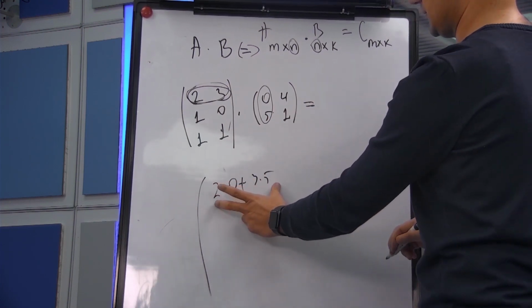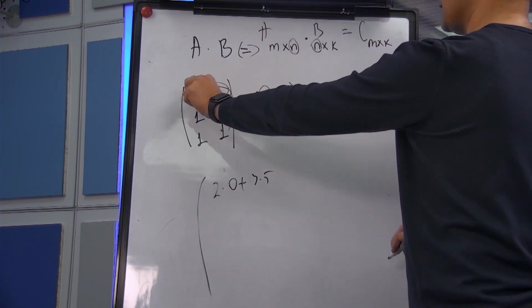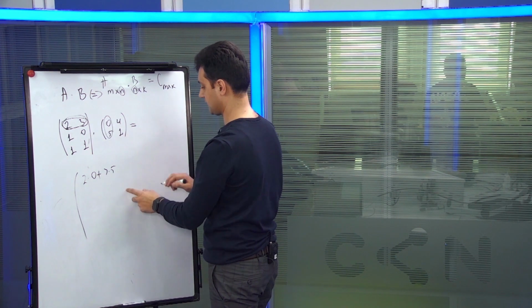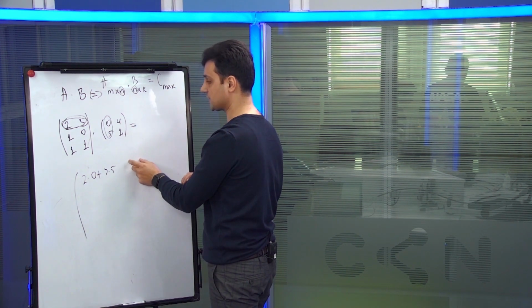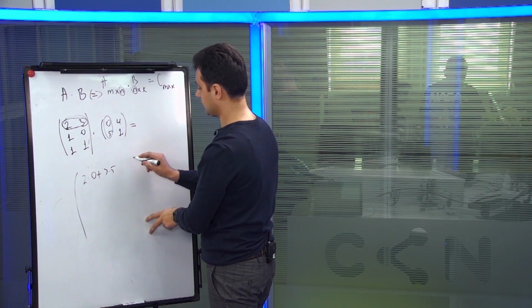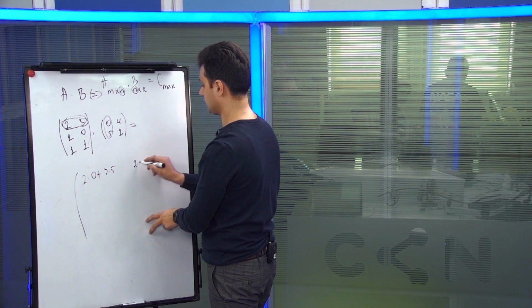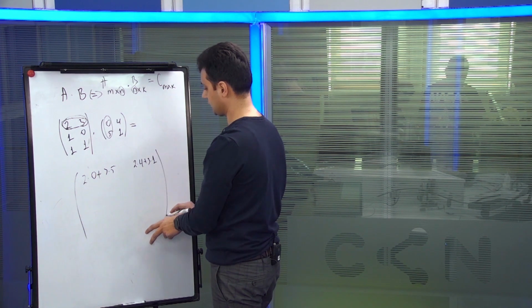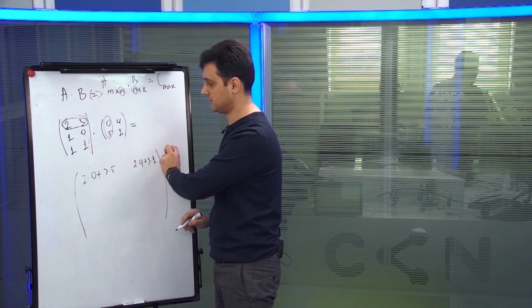This is the first element, right? Second one, 2, 3 multiplied by the second column elements. We will write this in the second place of the row. So it will be 2 multiplied by 4 plus 3 multiplied by 1. So we finished the first row elements.